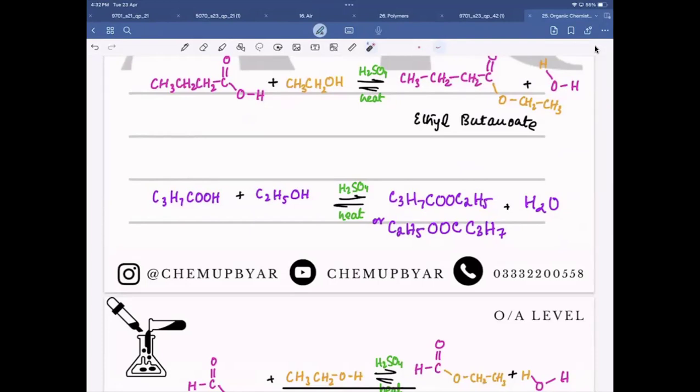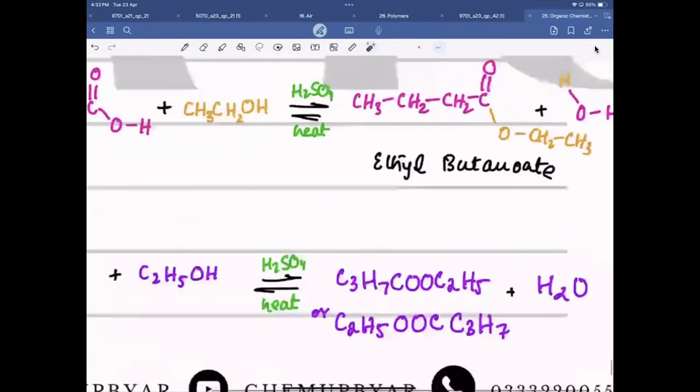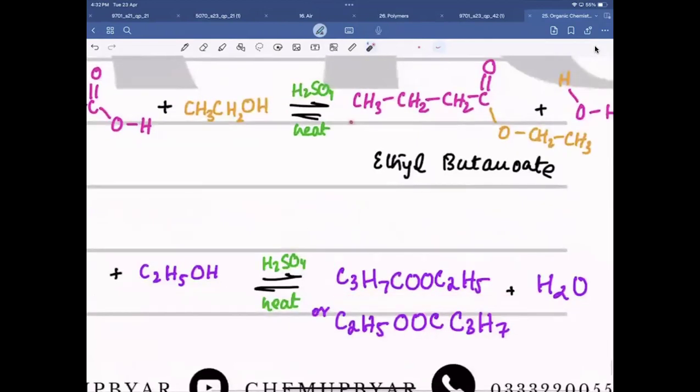Sir, in the last equation, the first ester that is formed, the flipping is not shown in it. See over here, if you see this one, we have started from here. Initially we have 3 carbons and 7 hydrogens, so we write them. Then we have a C double bond O and O, so we wrote them. Then we have a C2H5, so we just wrote them.